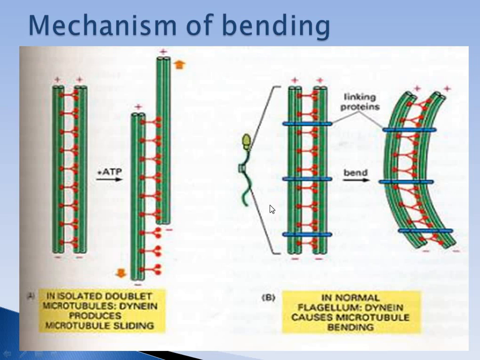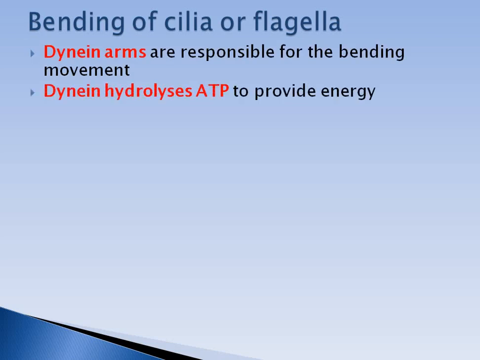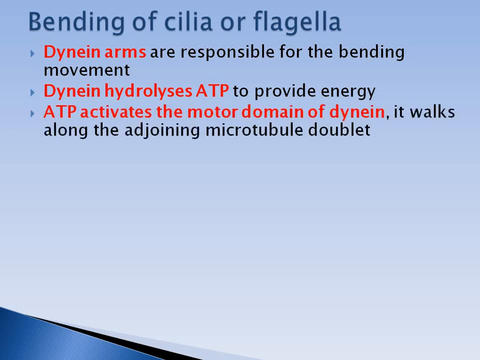So the same is the case in bending. This is just like the walking of the dynein arms. So dynein arms are responsible for the bending or movement of cilia and flagella. Dynein actually consists of an enzyme which hydrolyzes ATP. ATP, when hydrolyzed, produces energy.